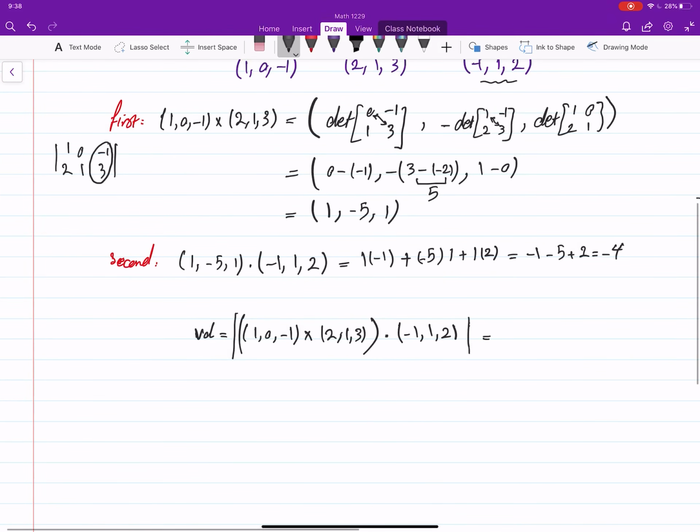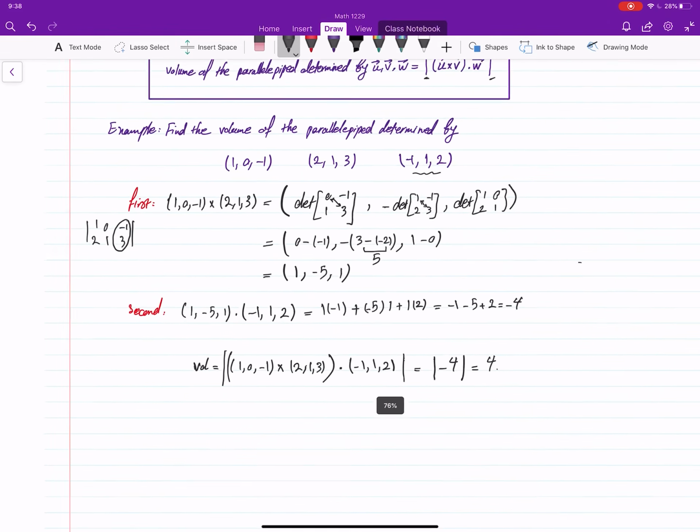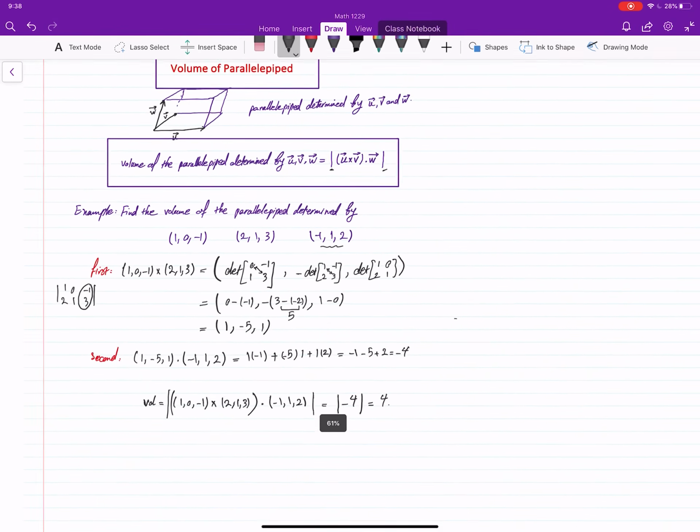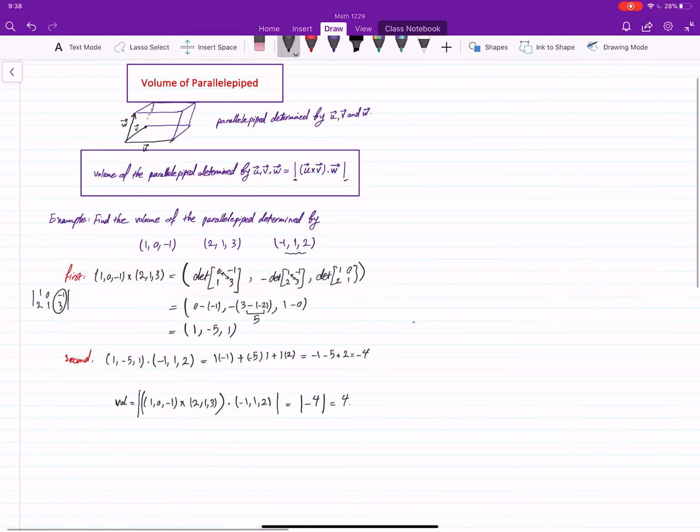So it will be the absolute value of negative 4. The absolute value of a negative number means just drop the negative sign. That will be equal to 4. The volume of the parallelepiped determined by these three vectors is equal to 4. You have to remember that formula, and you have to be able to use it to find the volume of a given parallelepiped.